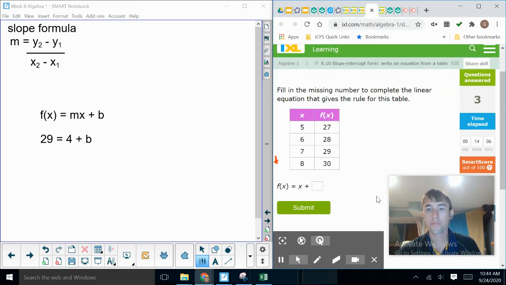All right, another way to think about this problem is looking at our function and saying f of x equals x plus some number, given these numbers x, 5, 6, 7, 8. So if I look at this problem, and I say x is 5. 5 plus what number equals 27?